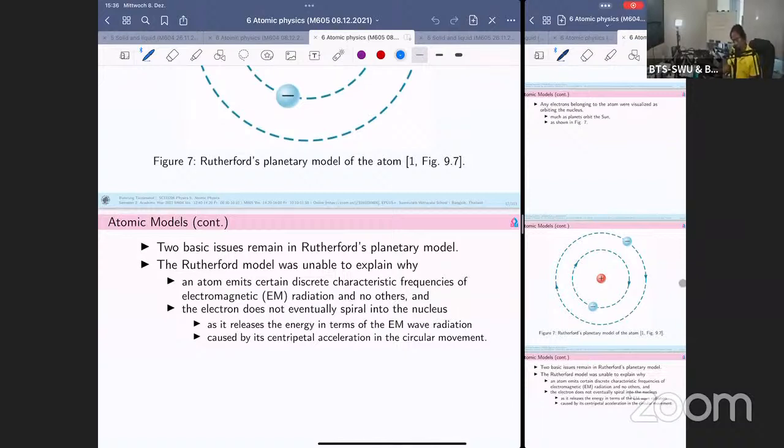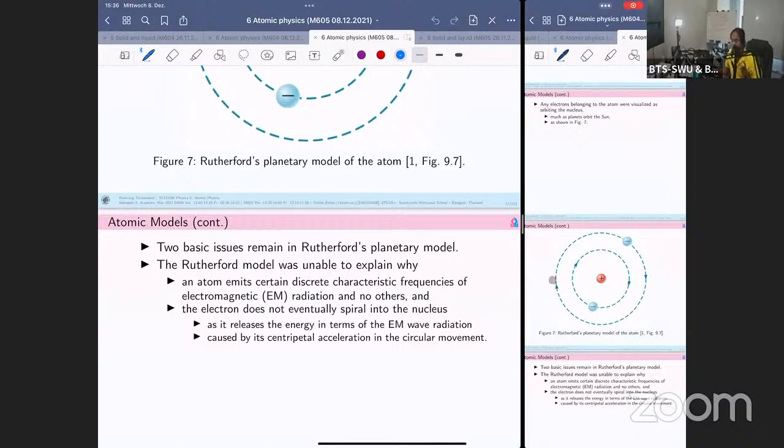Why not? Because when any object moves and changes its acceleration, it should release energy. It's like when you run and want to increase your speed, you need to consume some energy.